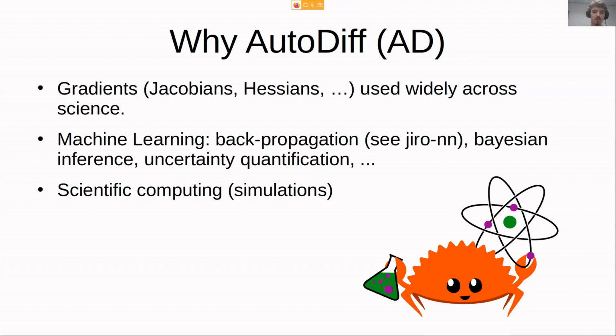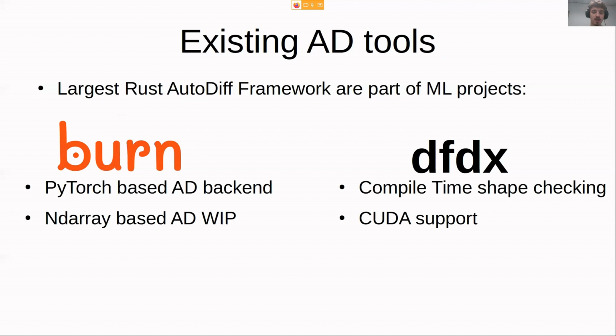So given that we do care about automatic differentiation, what do we have at hand right now in the Rust ecosystem? The two largest projects I'm aware of are both Burn and DFDX, which are both in general machine learning frameworks. So you can build your own neural networks based on those libraries. Burn itself has a backend which is based on PyTorch, which is pretty major.